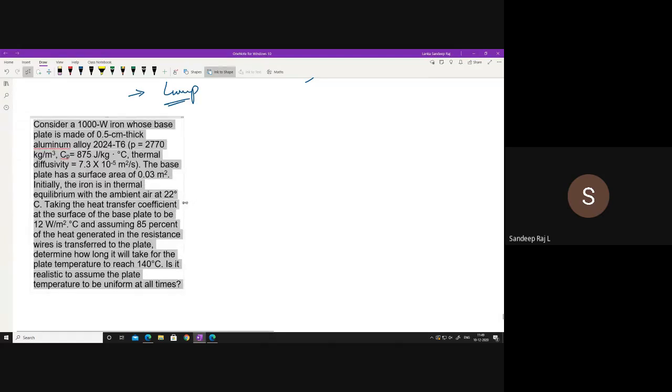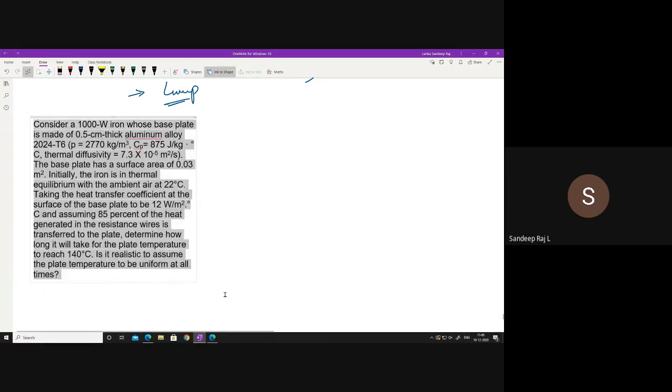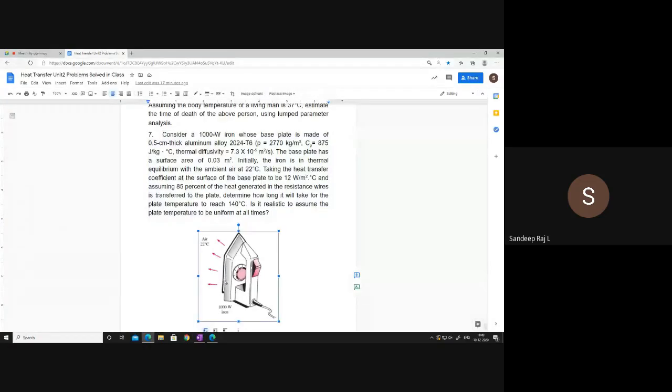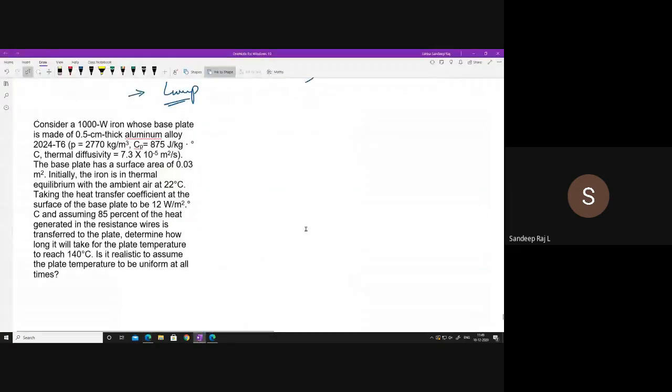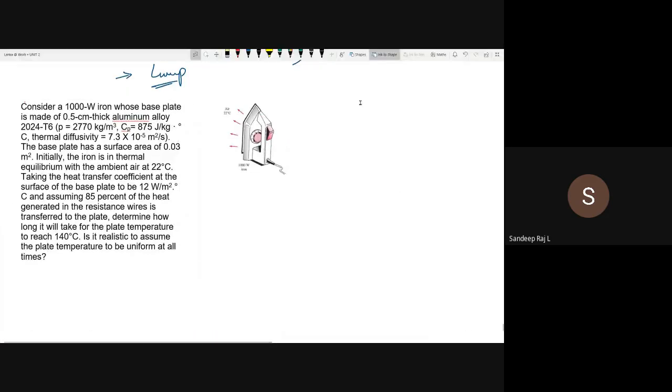This is your problem here. This is one more example. This is an example of an iron. This is a 1000 watt iron. This problem is given here. He is saying that it is a 1000 watt iron.